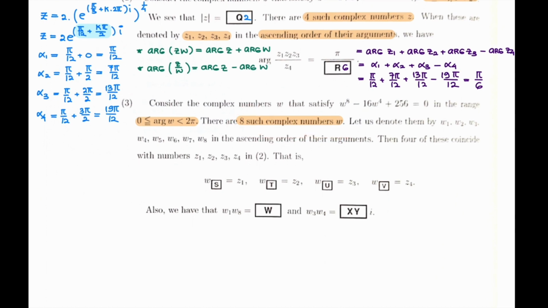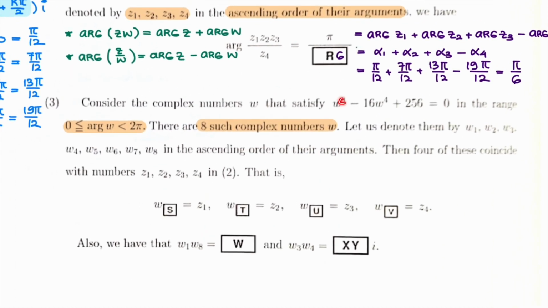Because this is an equation of degree 8. In complex numbers, the degree of the equation represents the number of solutions of that equation. Since the equation has degree 8, that means there are 8 different solutions. Let us denote them by w1 until w8.